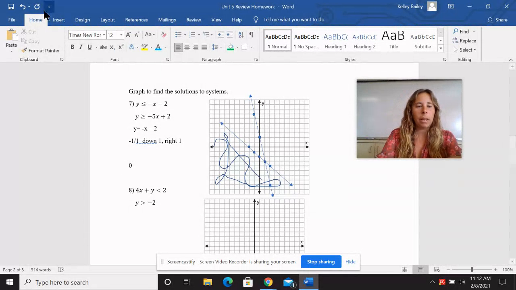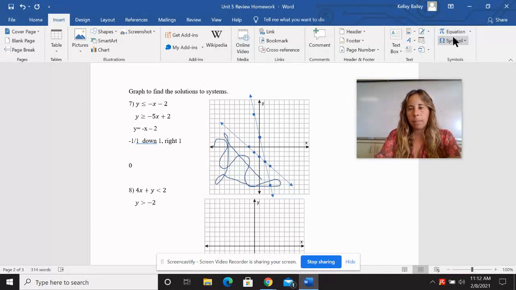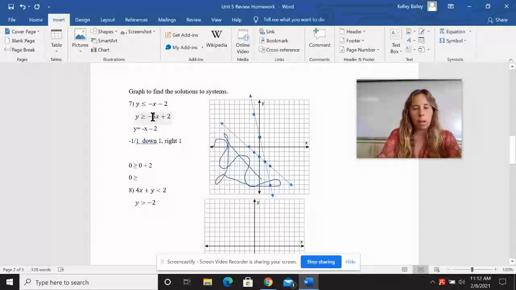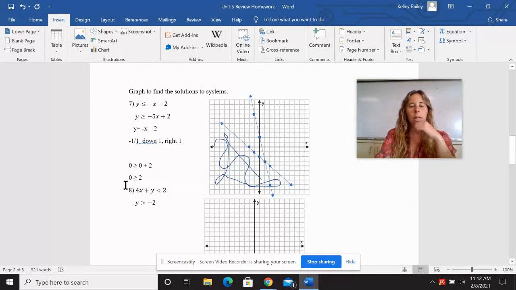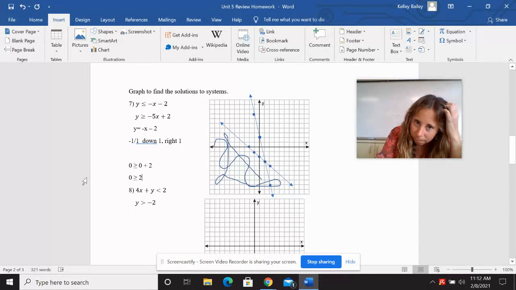So 0 is greater than or equal to -5 times 0. -5 times 0 is 0 plus 2. So you get 0 is greater than or equal to 2. Is that correct? No, 0 is less than 2, so that does not work. So 0, 0 does not work, so we have to shade the other side of the line.